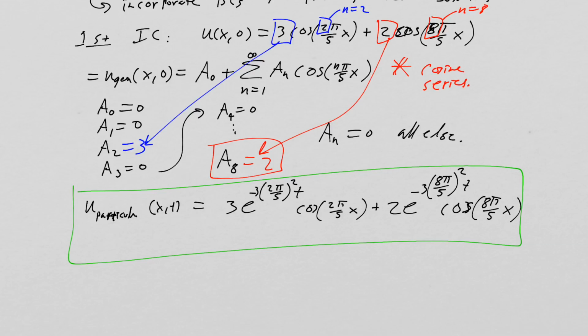Okay, so in the next problem, what we're going to do now, we're going to do that second initial condition. All right, for this one, what we have here is that u at x comma 0 was equal to 1 plus x.